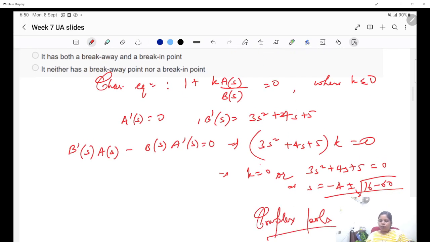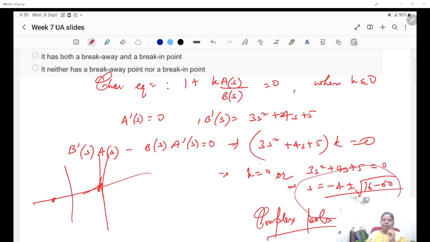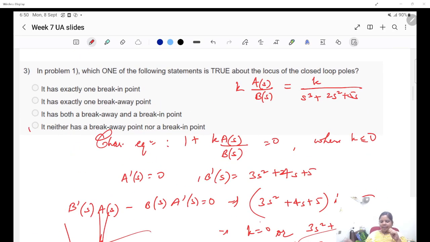If there are complex roots, obviously, since breakaway and break-in points have to lie on the real axis, because your root either breaks away from here or breaks in here, if it is a complex value, the breakaway or break-in point does not exist. So these are complex roots and they cannot be breakaway or break-in points. So the correct answer is that it neither has a breakaway point nor a break-in point.